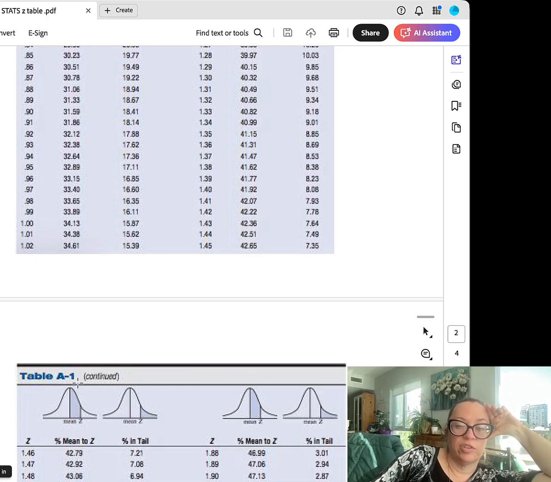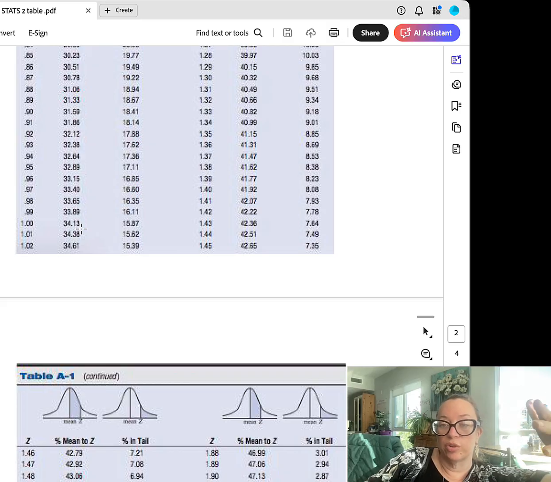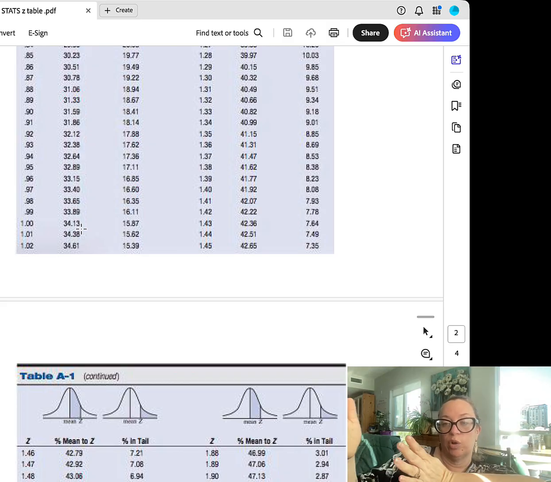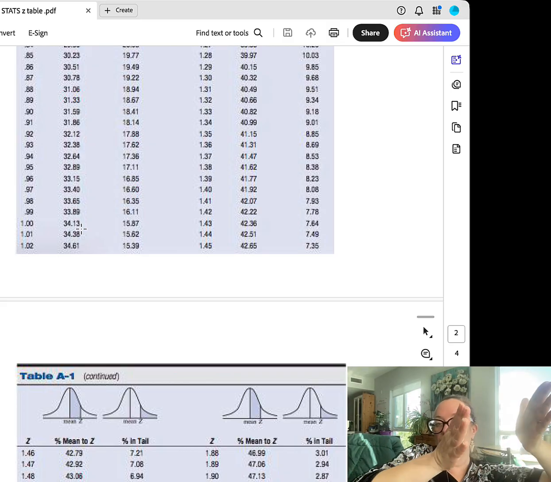So if we're going from average to z for +1 is 34.13%. Okay, and then obviously the z of mean to -1 is the same, 34.13%.